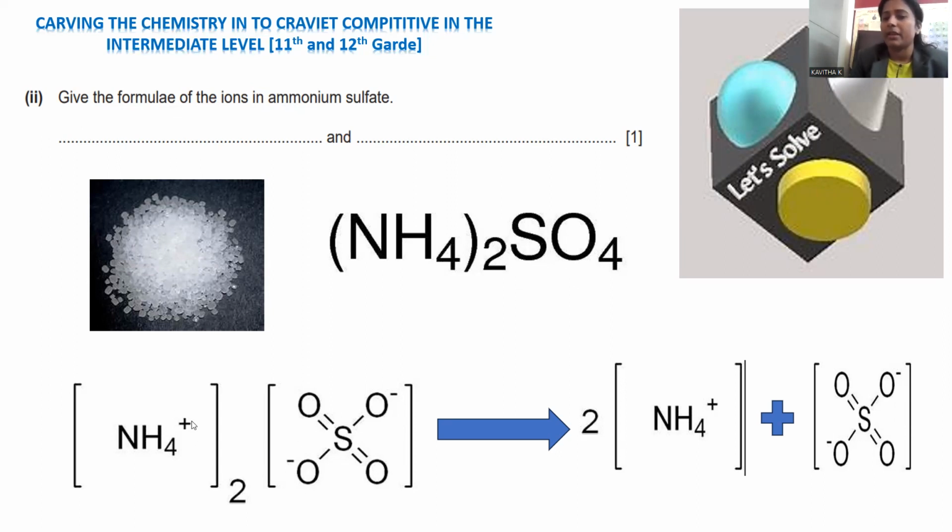In order to make a neutral salt, neutralization, that's the reason I put ammonium twice. The positive charge is repeated twice so that the 2 negative charges will be balanced. That's why, whenever ammonium sulfate is added to water, 2 ammonium ions are released and 1 sulfate ion is released. This is the way we can answer this second question.